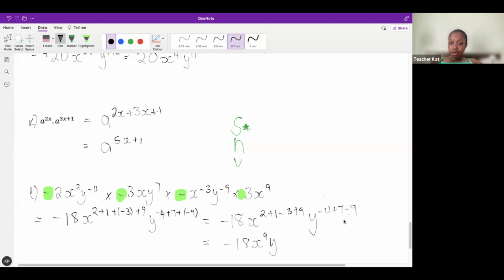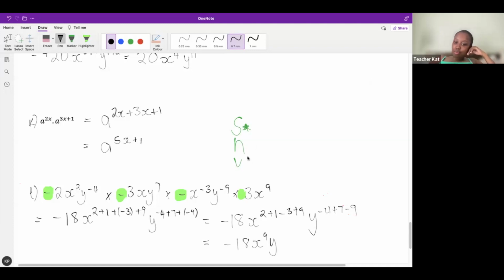y to the power of negative 4 plus 7 minus 9 gives us what? Mina says negative 4. Buhlale says negative 13. There's a lot going on. Ofani says negative 6. We have so many different answers. Yolanda seems to agree, and so does Logan, and so does Minnie.